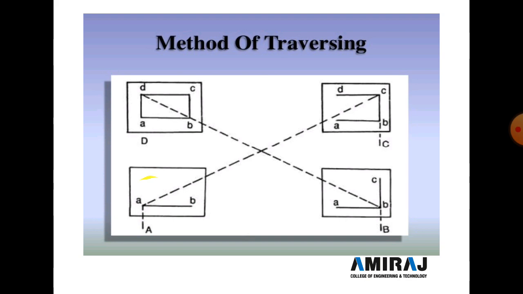First we set up the plane table at the A point, and there are 3 steps: first leveling, second centering, and third bisecting or orientation. First we fix the peg at the point, then level the plane table, and by using the level tube we check whether the plane table is perfectly leveled or not.